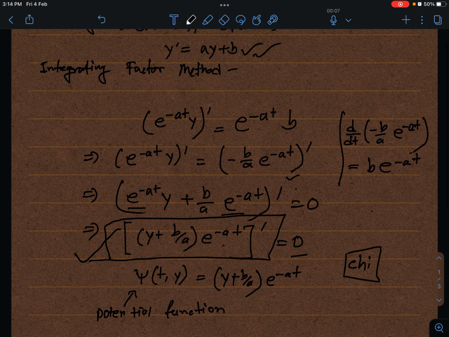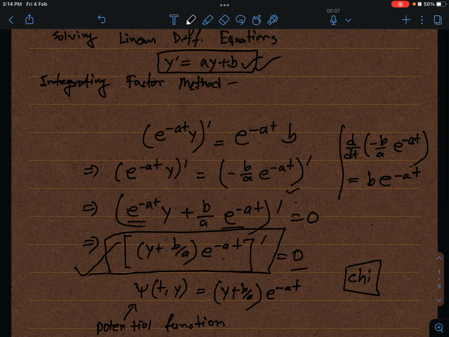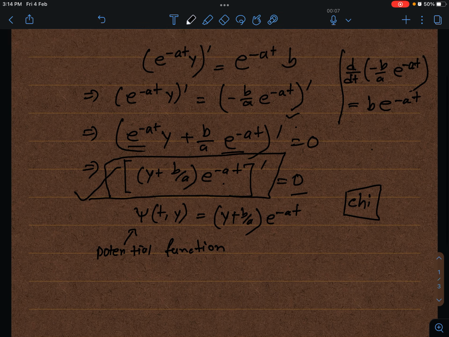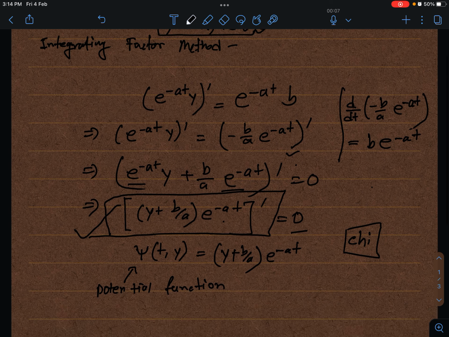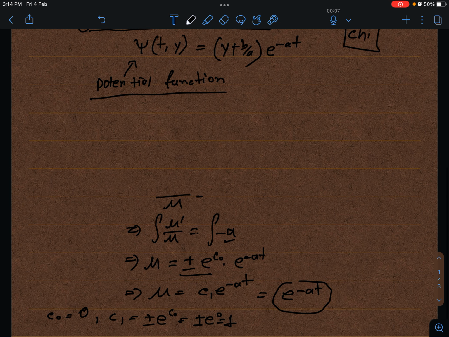Whenever you are applying the integrating factor method or any other method, and you represent the whole differential equation as a derivative making the right hand side 0, then that particular left hand side would be called a potential function. Okay, so I hope this is clear.